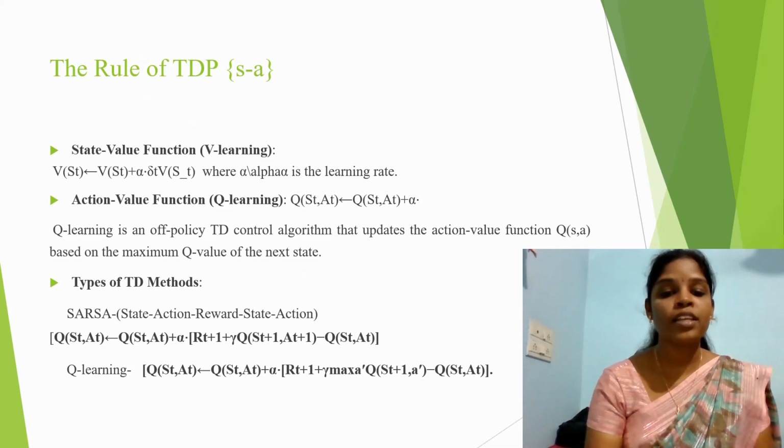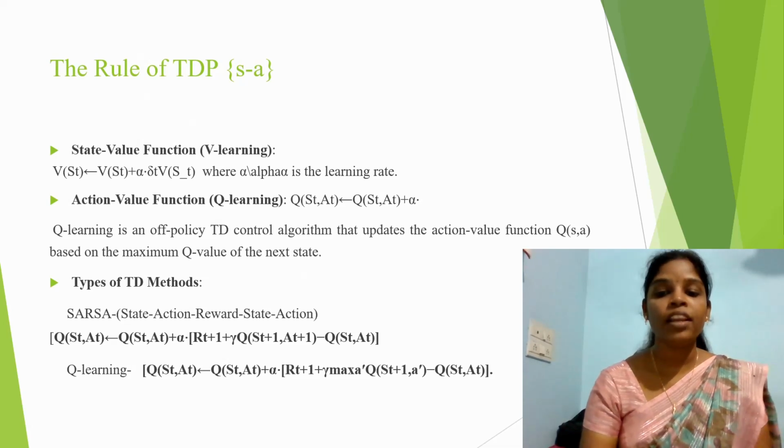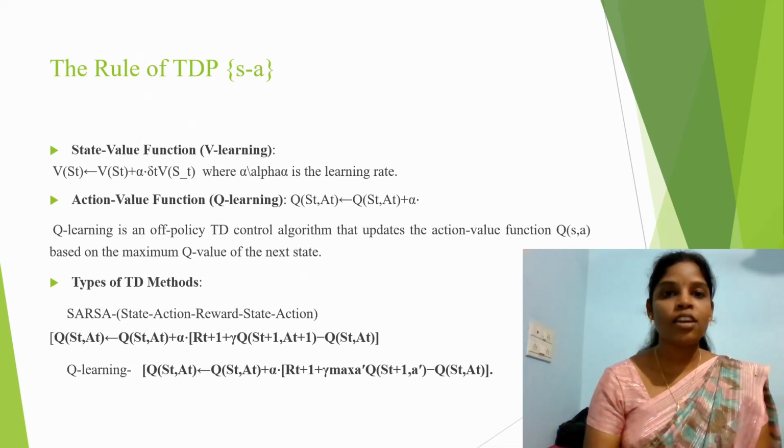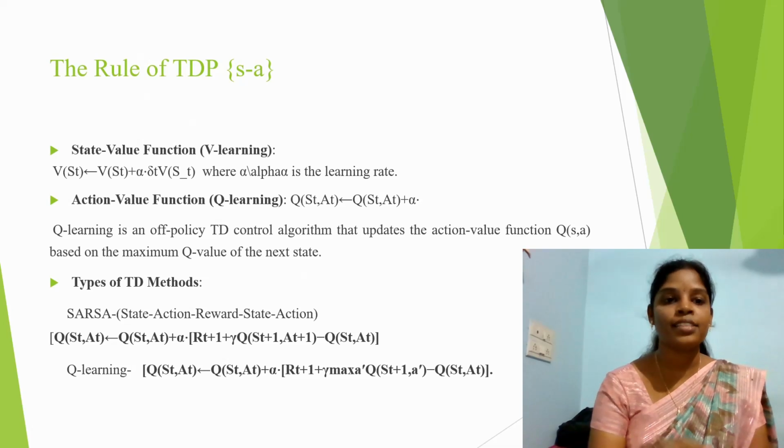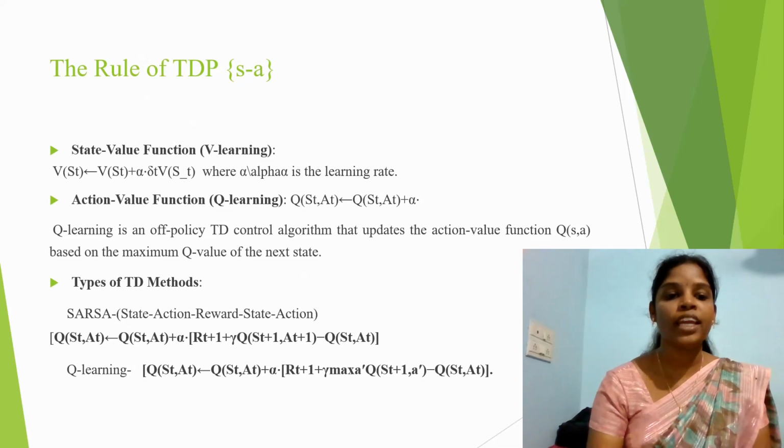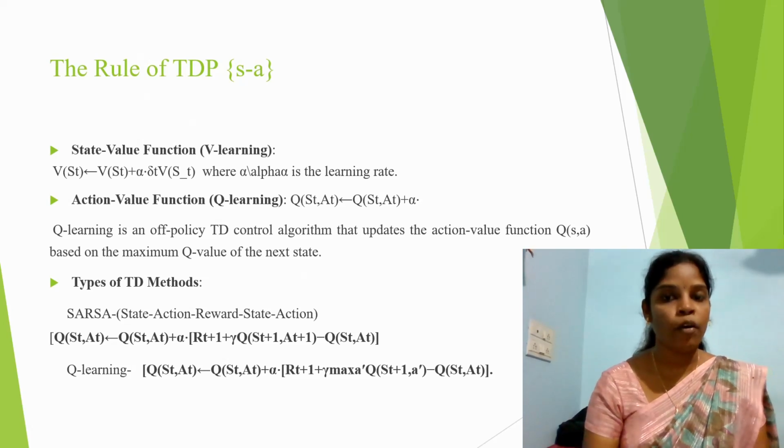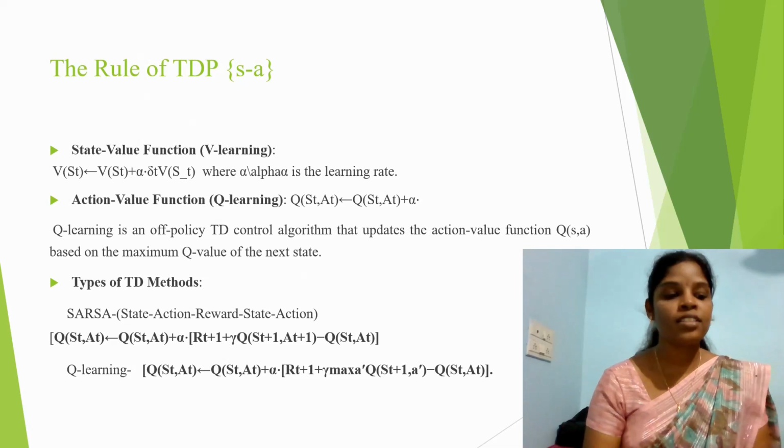This is the concept of temporal difference learning. The types of TD methods work from state to action: the starting point is the state, the ending point is the action. These are the update rules of the TD method.